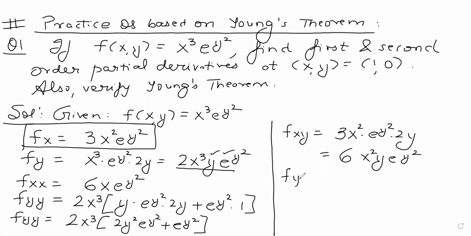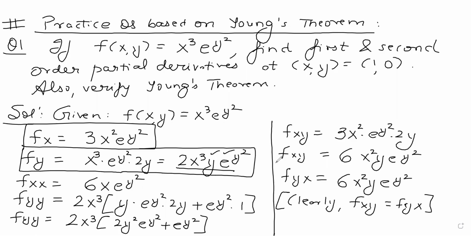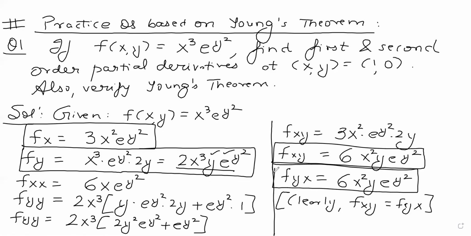And then fyx will be, fy is getting differentiated with respect to x. So it's going to be 6x square y e to the power y square. So clearly all students can see that fxy is exactly equal to fyx. The two are exactly the same.